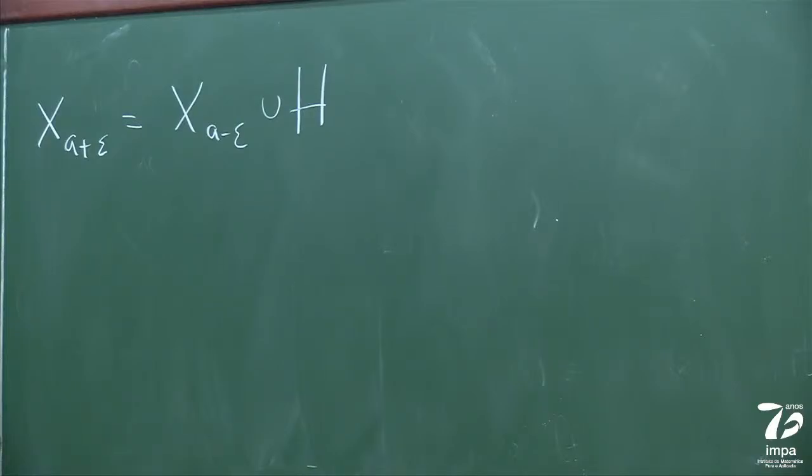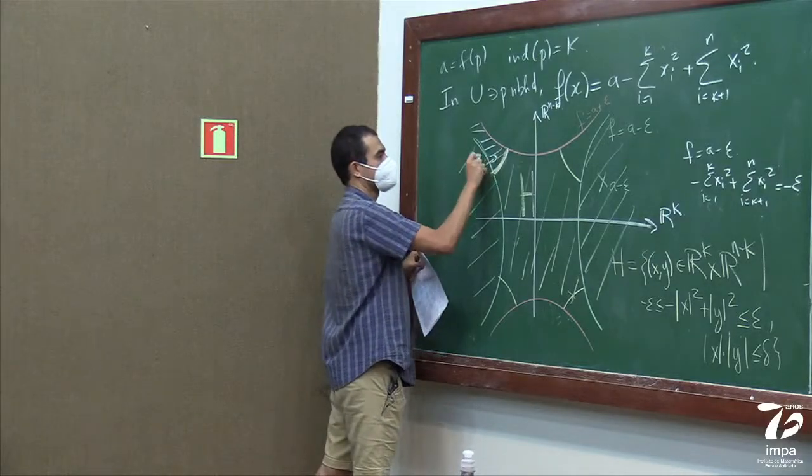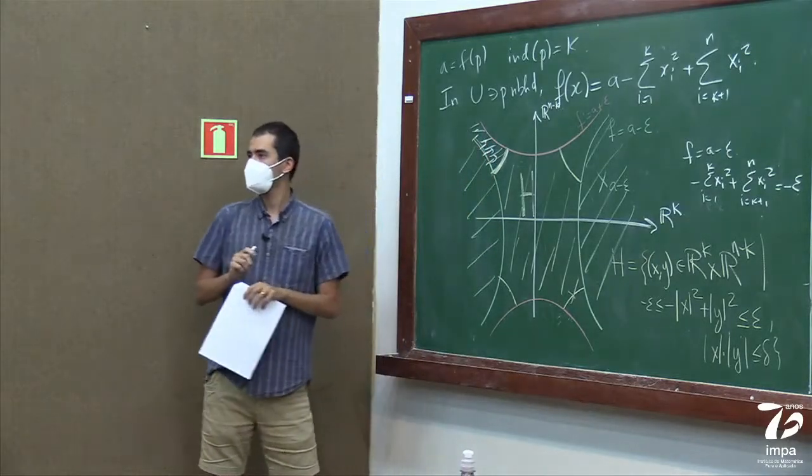And that, I can use a gradient-like vector field to say that it's basically a product.